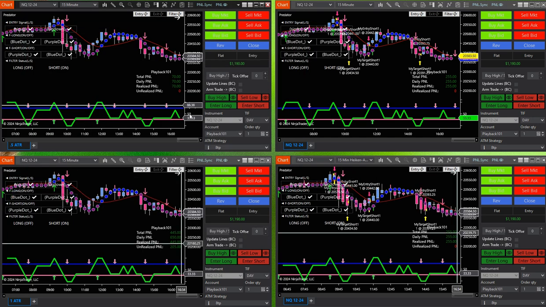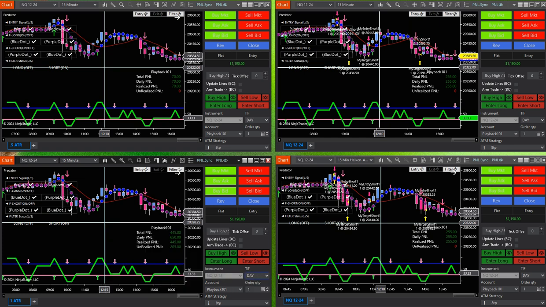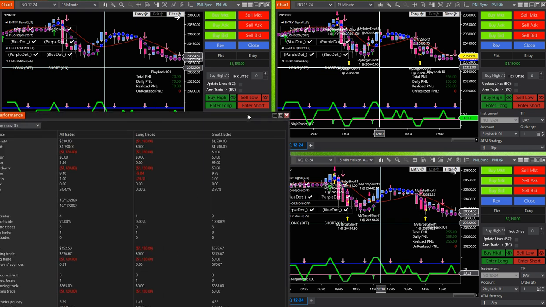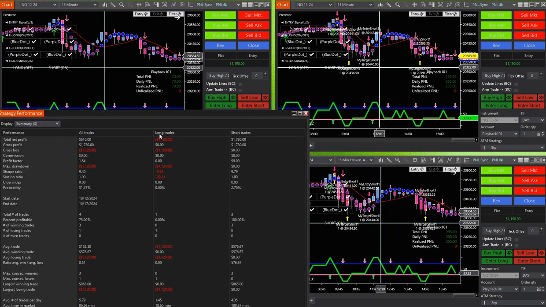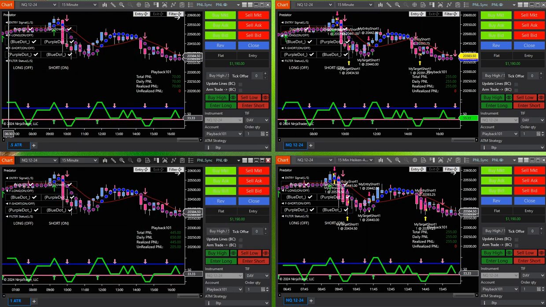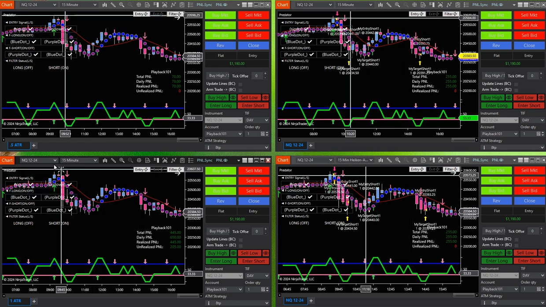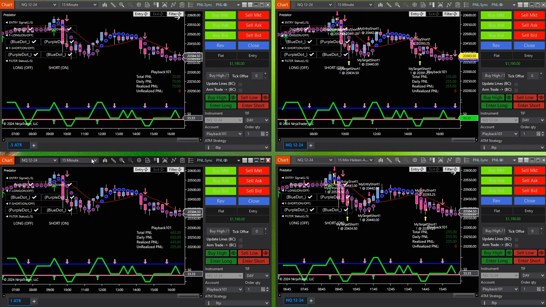Let me check this one out. Here it didn't do well either. Let's slide this over here. You can see here it netted 610, gross profit 1,700, and you had 3 winning trades and 1 losing trade. So that's this strategy. I'm experimenting, trying to add a second contract to see if I can take advantage of those long runs. So that's it for that.